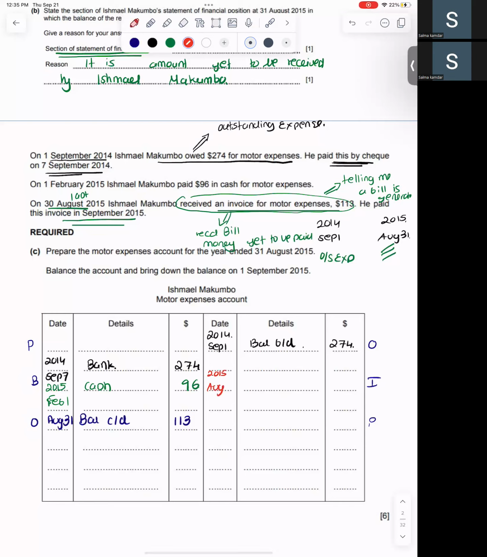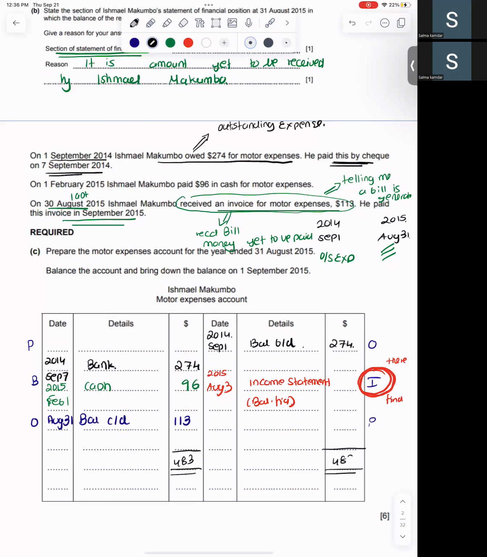Now I have to find my expenditure for the year, 2015 August 31. This has to be always either there in the information, or you have to find it out. Since there is no information about expense for the year, we will find it out. I will write income statement, and this will be my balancing figure. Do the total on the debit side. The total of the debit is 274 plus 96 plus 113, which makes 483.